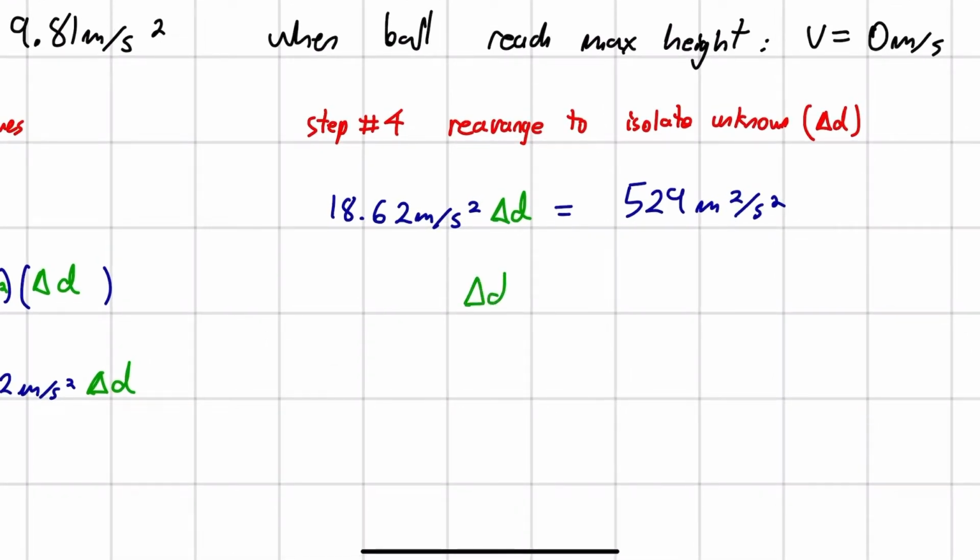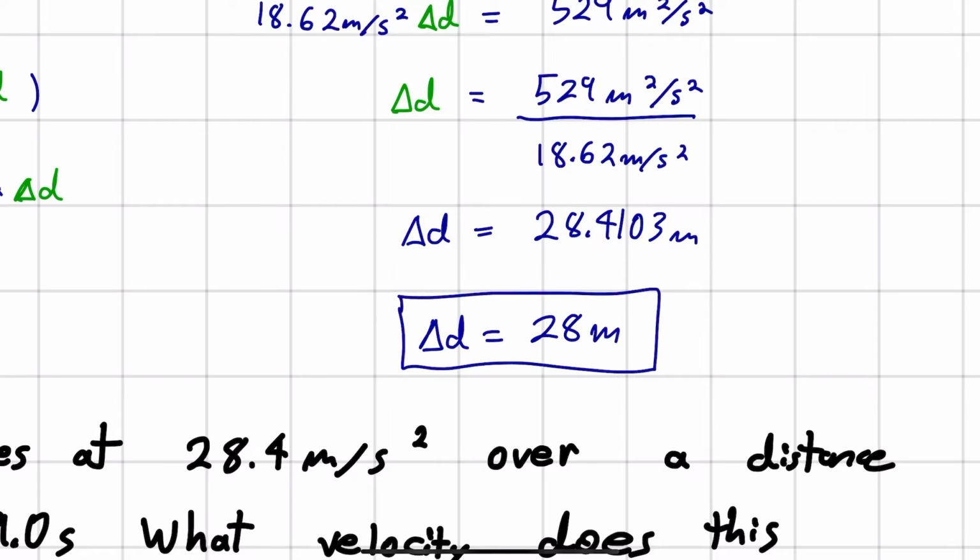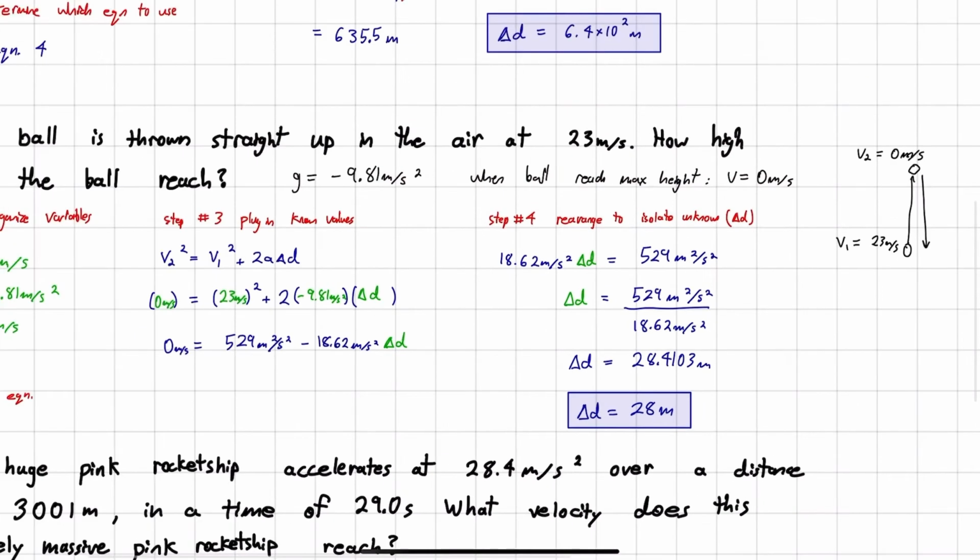And then if we just isolate D by dividing both sides by 18.62, that gives us our simplified equation that we will just plug into our calculator to find that delta D is equal to 28.4103 meters. And in our final form, we just want two significant digits. That is our final answer for part 2.